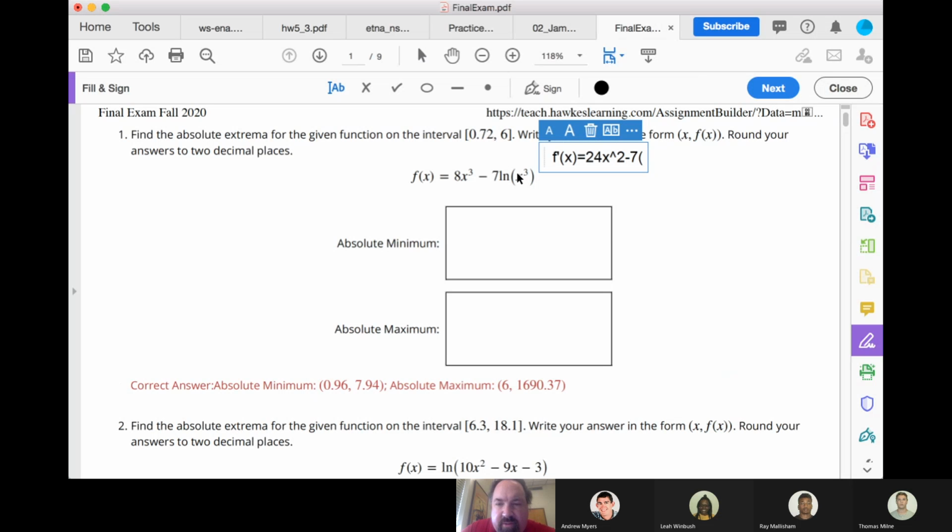So if I write it this way, 3 ln of x is the same as ln of x cubed, then the derivative of this would be, since the derivative of ln of x is 1 over x, 21 over x.